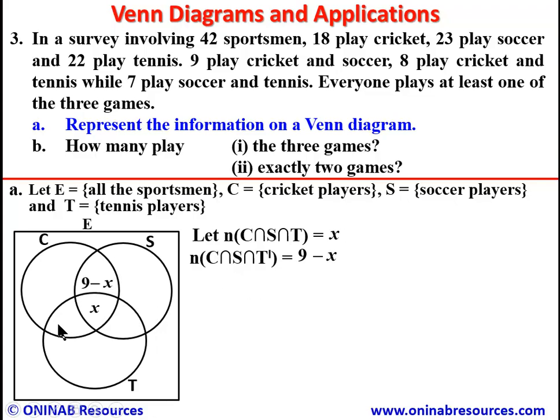Those playing cricket and tennis, 8 play cricket and tennis. That's N of C intersection S prime intersection T. That is going to give us 8. Since there is no only, still 8 minus X, and this is the region.